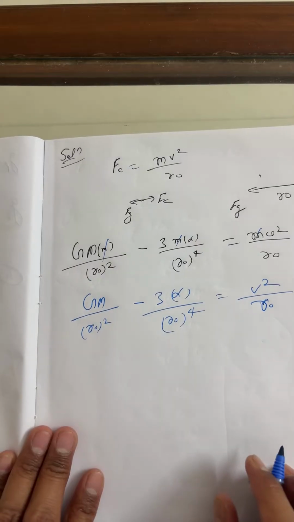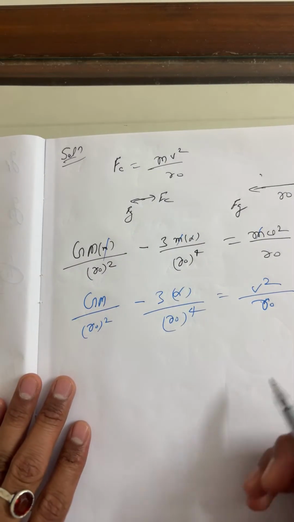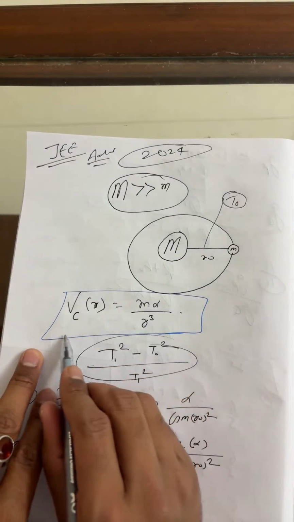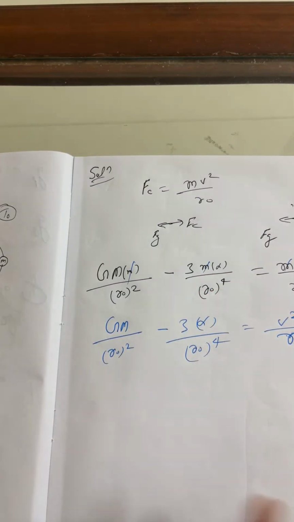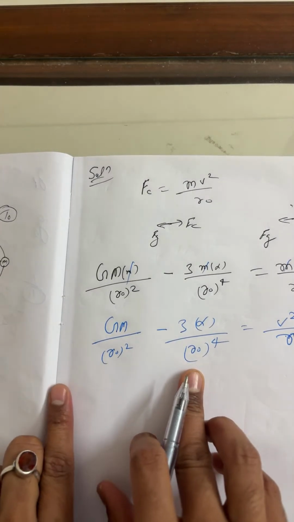Students, do you know why I wrote this? Because the question mentions potential energy, M alpha upon R cube, so I used the basic formula.